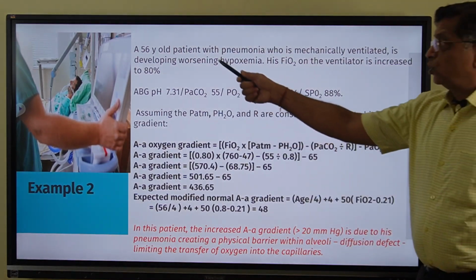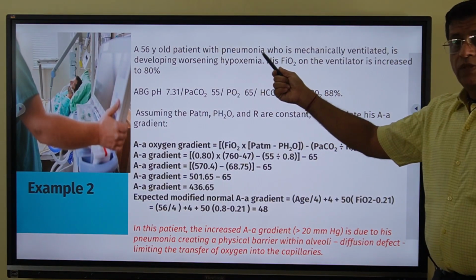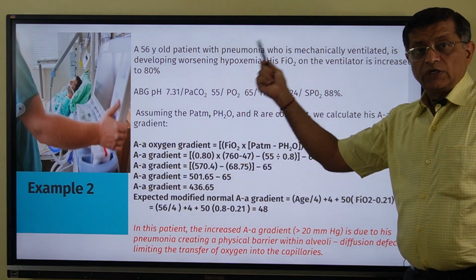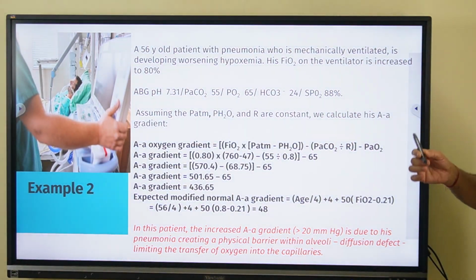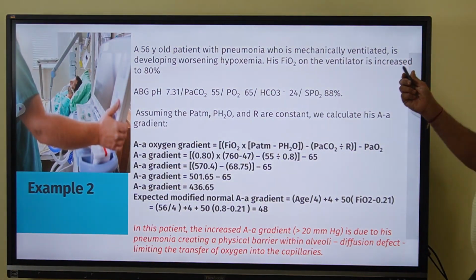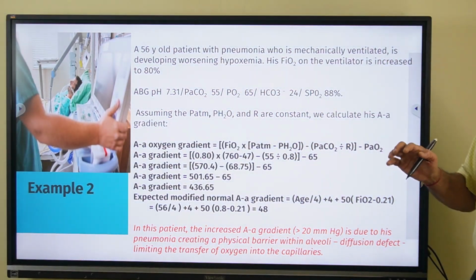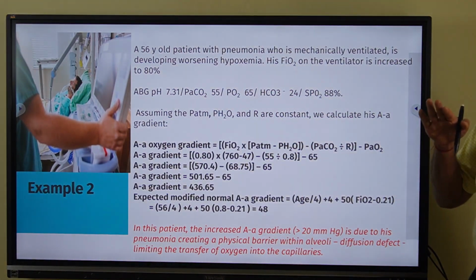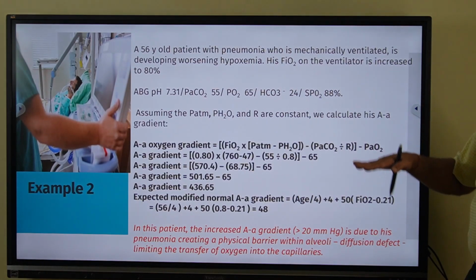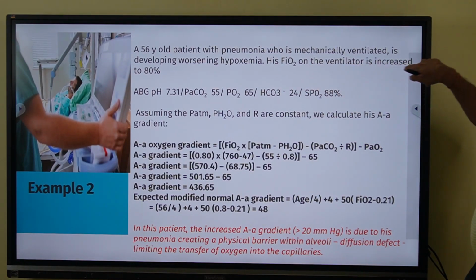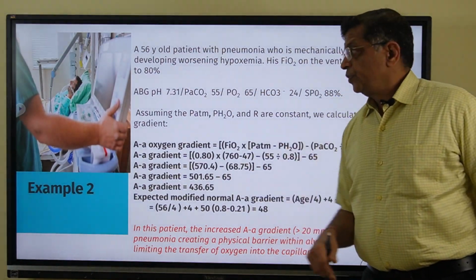A 56-year-old patient with pneumonia. Now we already know that this patient has pneumonia, so there could be problems with the lungs. Who is mechanically ventilated, is developing worsening hypoxemia. So he is already on mechanical ventilation and his oxygen saturation has worsened. His FiO2 on ventilator is increased to 80%.